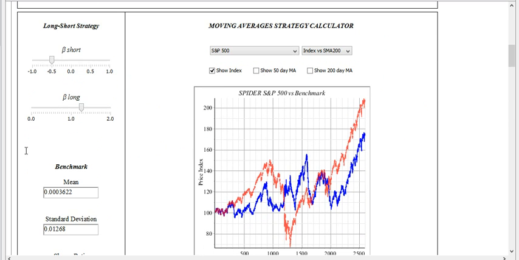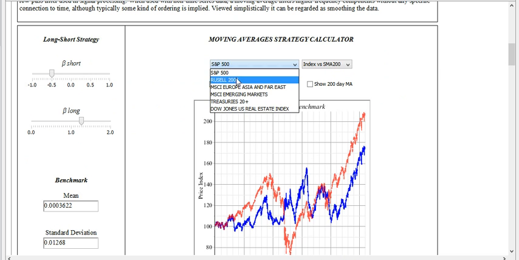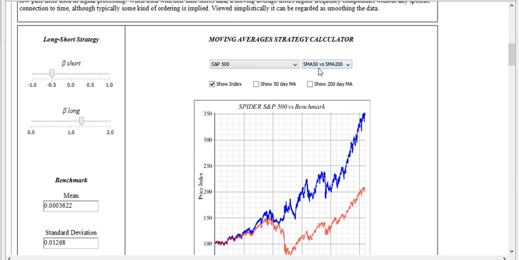We have a panel that has a menu on the right-hand side. With this menu, we will pick and choose what kind of ETF we want to work with. Then what criterion we will use for developing a strategy, either comparing the SMA 50 with the SMA 200, or the index versus the moving average of 50 days, or the index versus the moving average of 200 days.